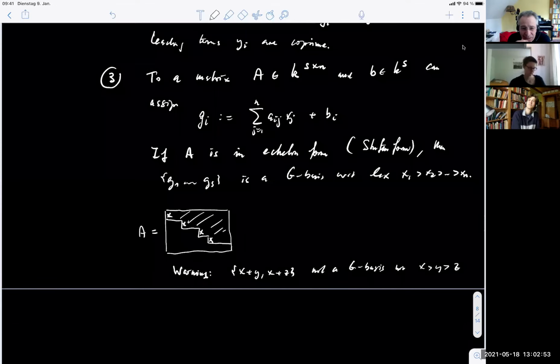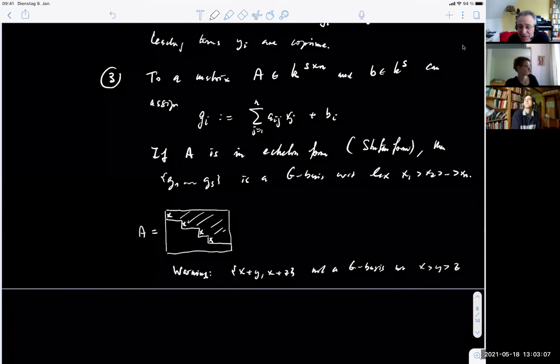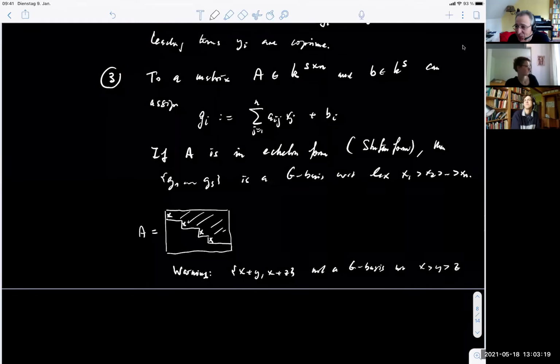The only problem is that often Gröbner bases can be very, very big. The computation can take long, but not only that, they can just be very big and the degrees can be very high. So this is not something you want to do by hand. You rather do it by computer, but even then the computer may run out of memory quickly.